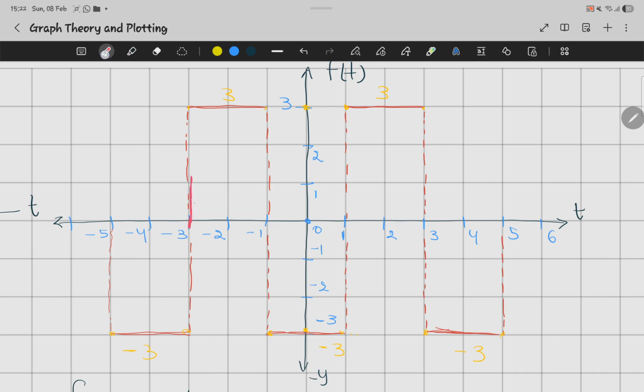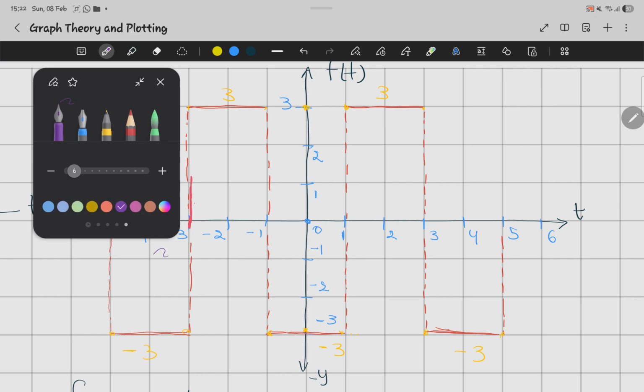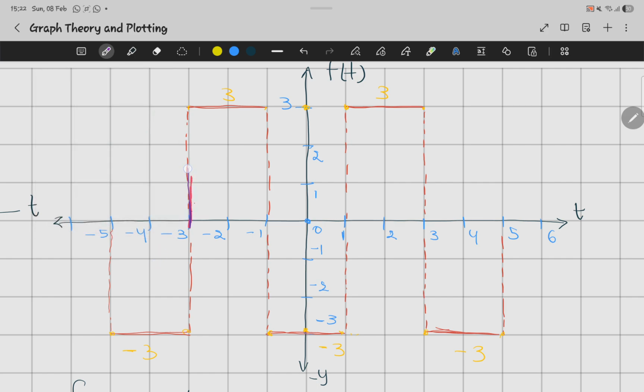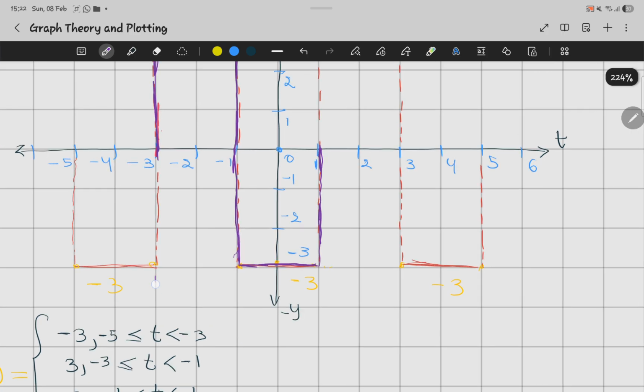I'm just going to do it once, so you can see we go up, move in this direction, go down. We're not repeating ourselves yet, but when we get to this point, the signal repeats itself. So this is where we take our period, between those two points.